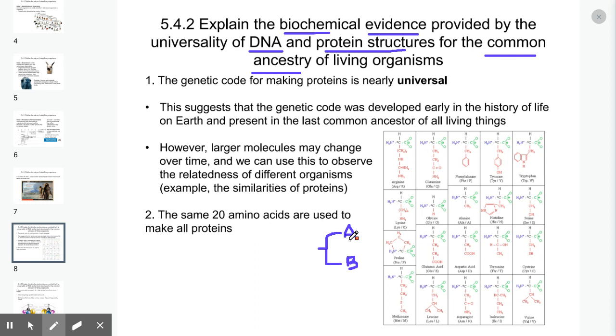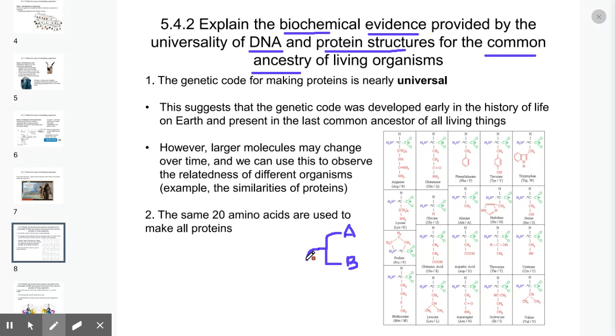If we wanted to use human evolution as an example, you have Homo sapiens, which we are today, and one of our closest relatives is Neanderthalensis. There was a common ancestor between those two. What that is, we don't know yet, but there was a common ancestor.